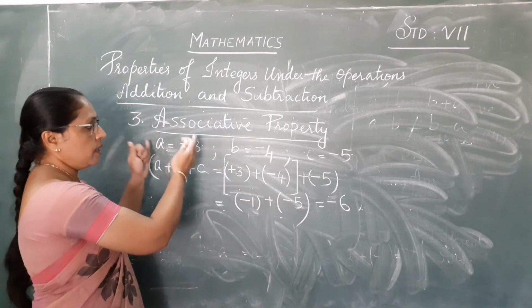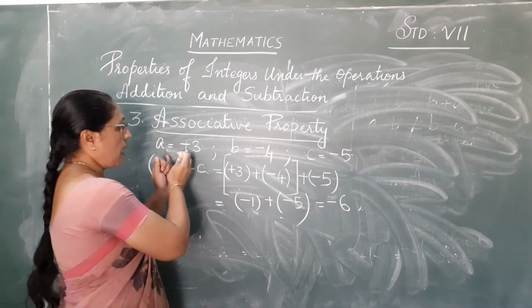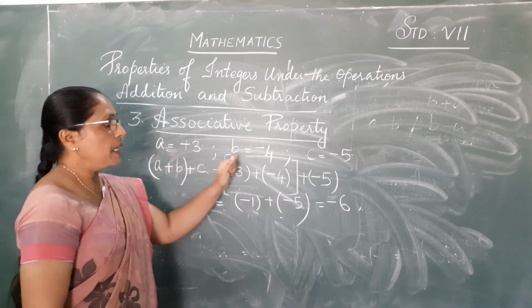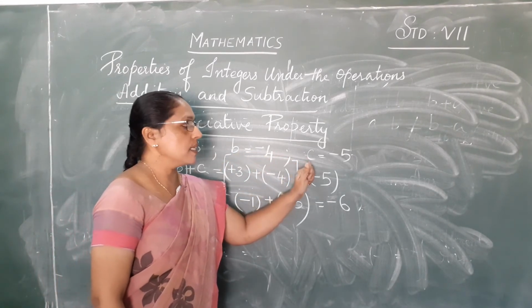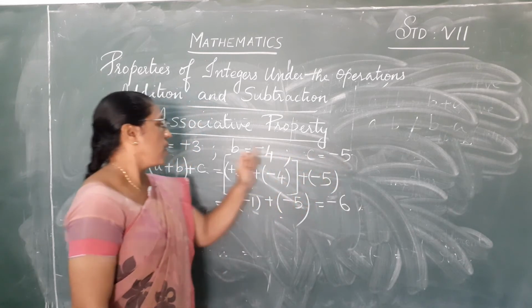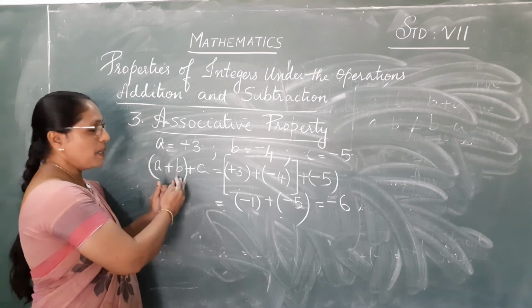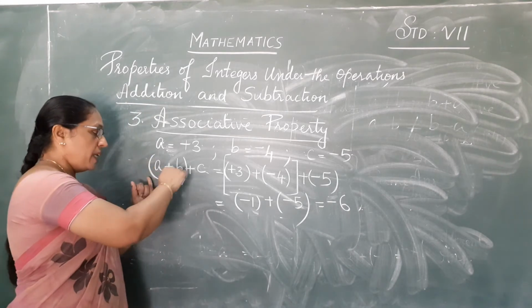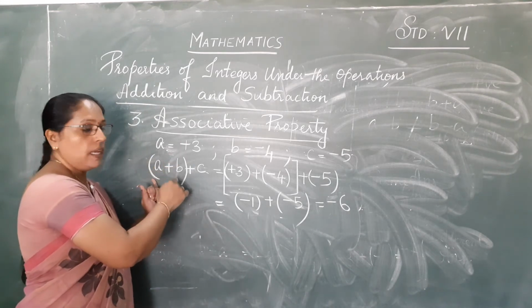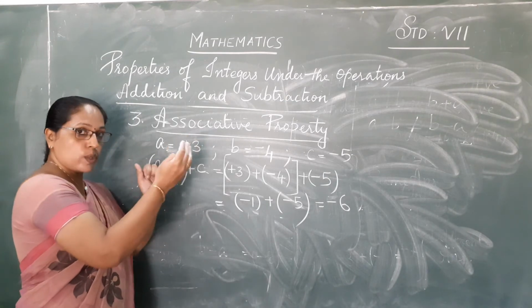So we took 3 integers: a positive 3, b negative 4 and c negative 5. Then we did the addition of 3 integers, a plus b plus c. We did the grouping of a and b. Grouping is known as associating.